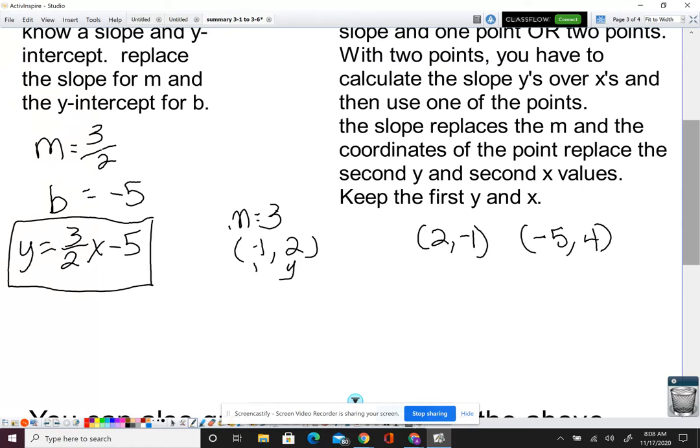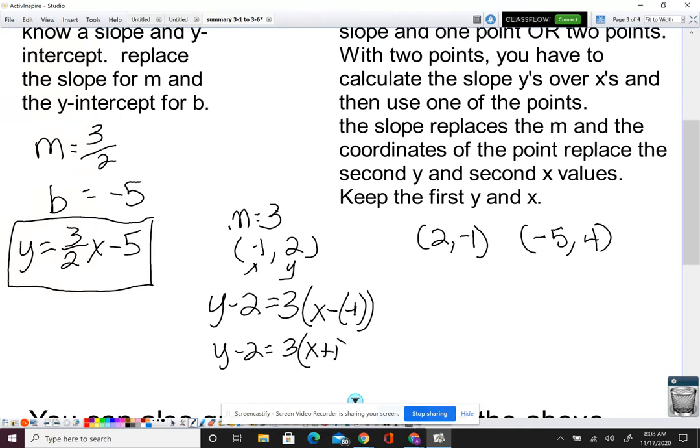Remember, this is the y and this is the x. Y minus 2 equals our slope, 3, times x minus a minus 1. The only thing we would have to do with this is simplify that minus a minus 1. So y minus 2 equals 3 times x plus 1. So if we have the slope and a point, we plug those 3 in.